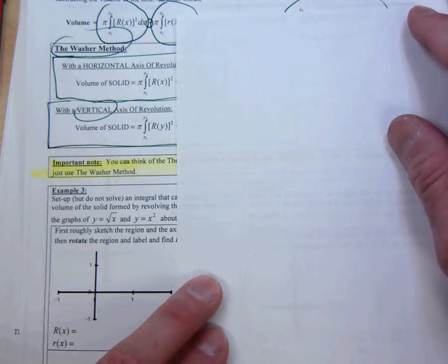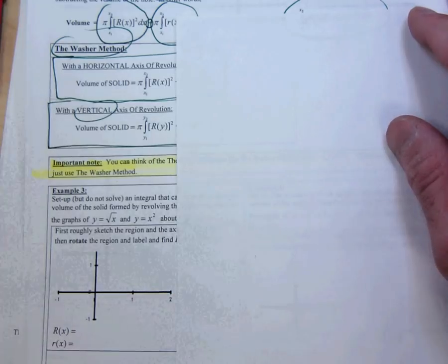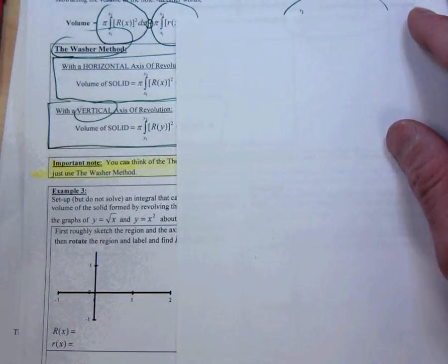Yes? Are you following me? So what I'm saying is this. You never really need to use the disk method. Just use the washer method every time. And if there's no gap, then you just make little r 0. Does that make sense? Okay? All right. Let's do some more examples now.